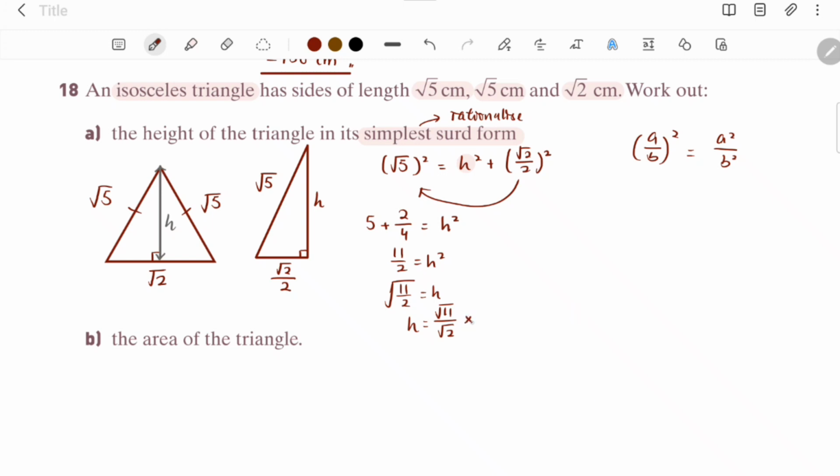So we have to multiply with the denominator, because we have to remove the square root in the denominator. So times surd 2 over surd 2. So surd 2 times 11, you should get surd 22 over 2 as your final answer.